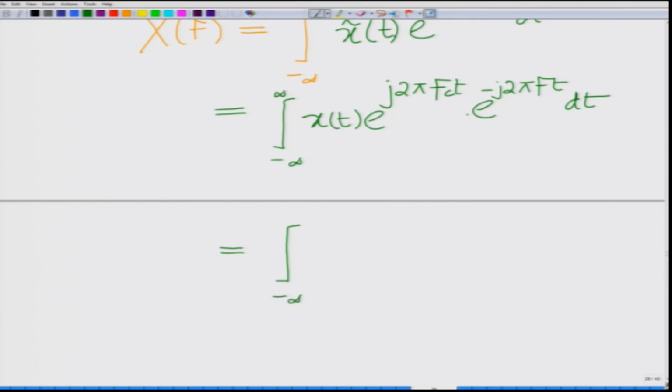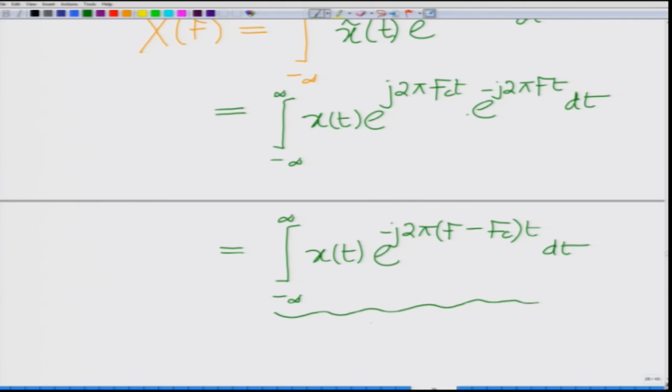Now you can write this as the integral of x t e to the power of minus j 2 pi times f minus f c times t dt, and you can see this is nothing but the Fourier transform of x evaluated at the frequency f minus f c.